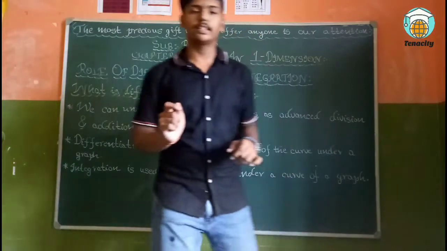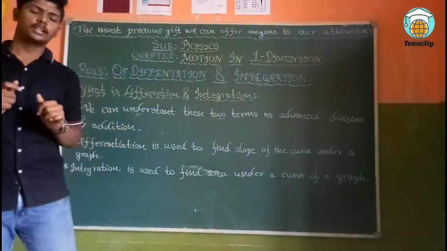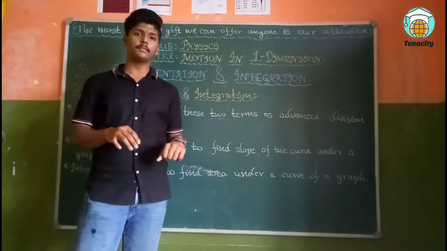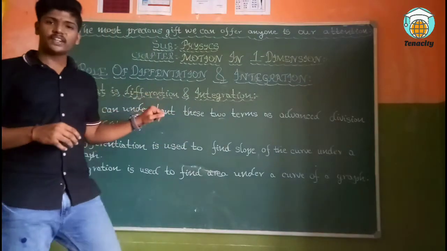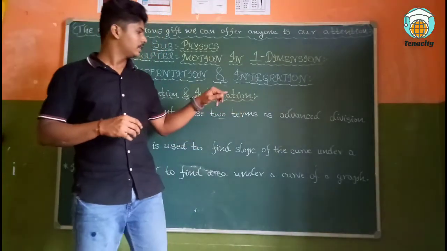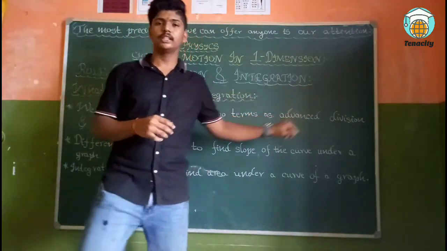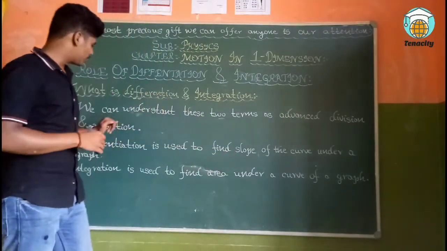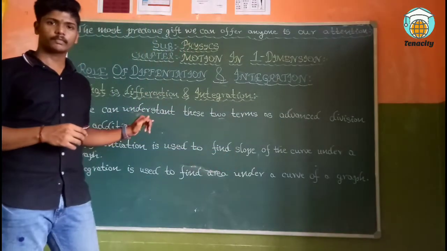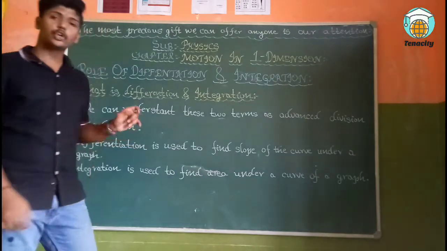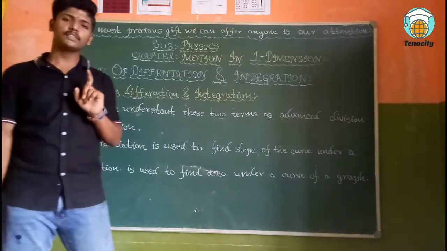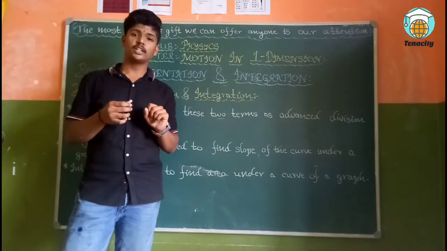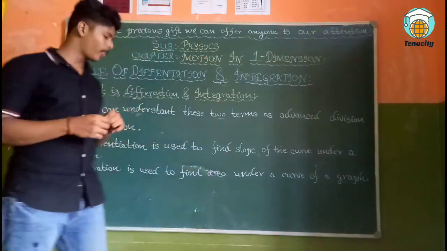First of all, what is differentiation and integration? To understand in simple terms, we will say differentiation is advanced division and integration is advanced addition. I will show how it is advanced division and advanced addition in the meantime.